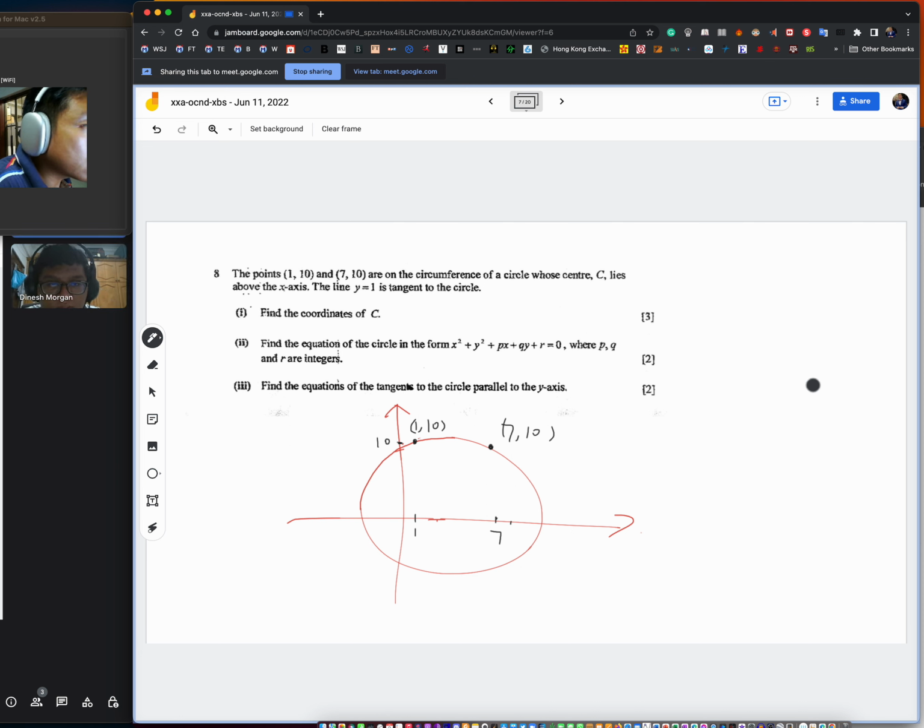What do you mean? Which one are you looking at now? No, no, the circle, right? The circle looks like this, right? So this point and this point can be the same, that's why it's here and then it's here. Okay, yeah. And then it says the center lies above the x-axis, so it should be above the x-axis. So my circle is not so correct, so I have to redraw it to fit the description.